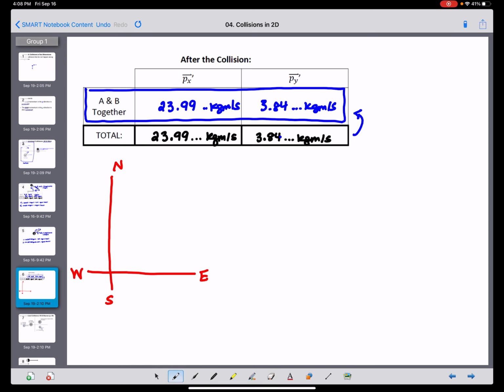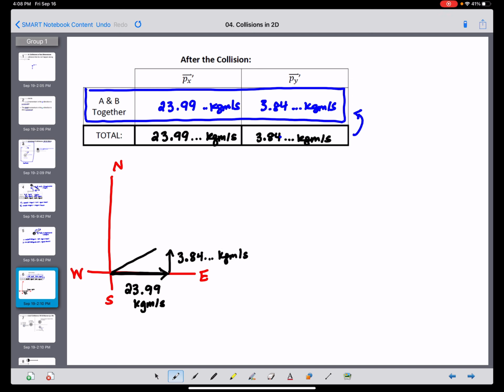You could draw the x component first or the y component first. It doesn't really matter. I am going to draw the x component first. So here I'm drawing an arrow pointing east. I'm going to label it 23.99. And then I'm going to draw an arrow going north, and label that one 3.84.